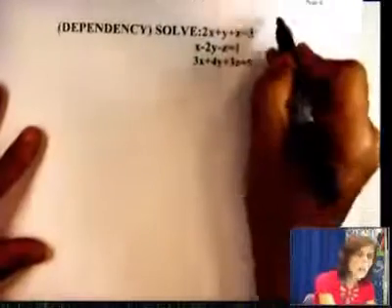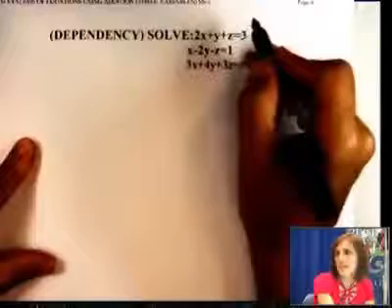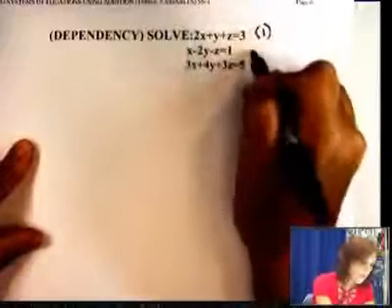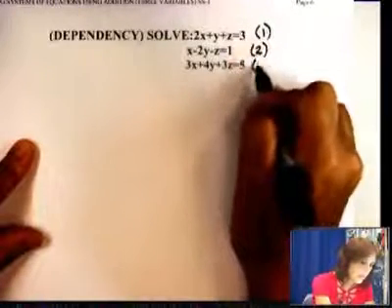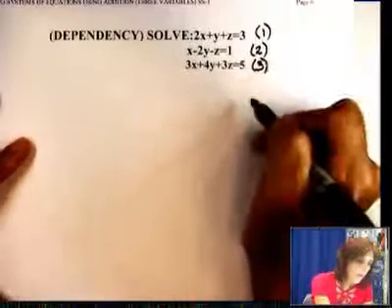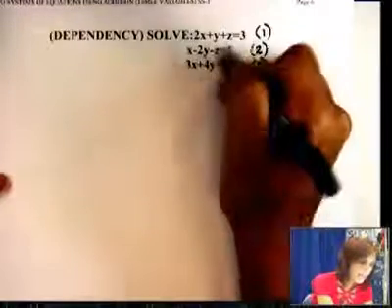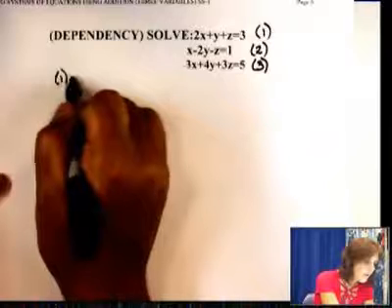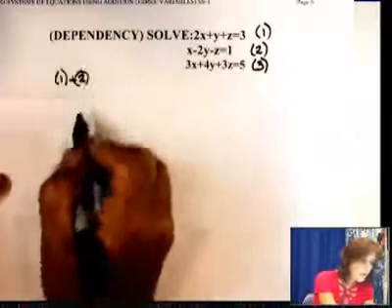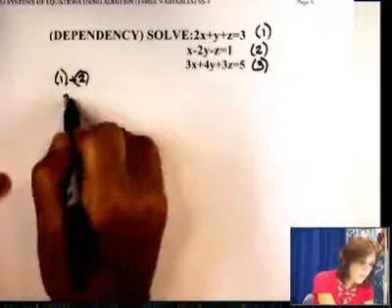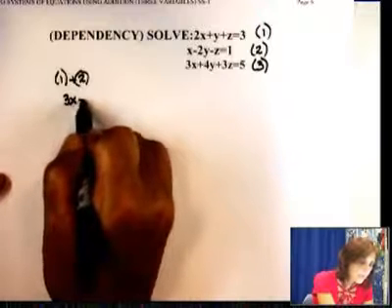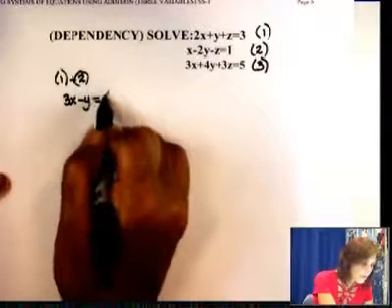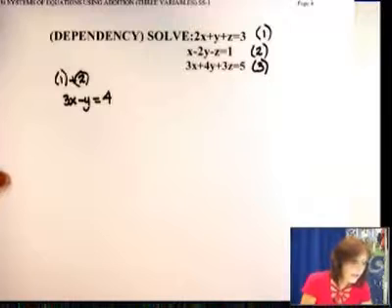Okay, let's look at another one. I number these again: 1, 2, and 3. Okay, let's add 1 and 2. So I'll end up with 3x minus y equals 4. All right. Then what else can I do?